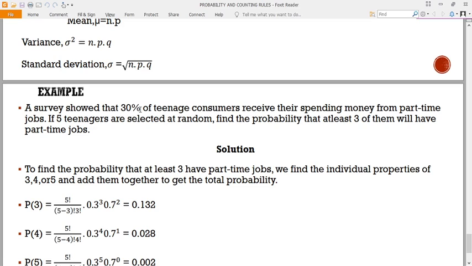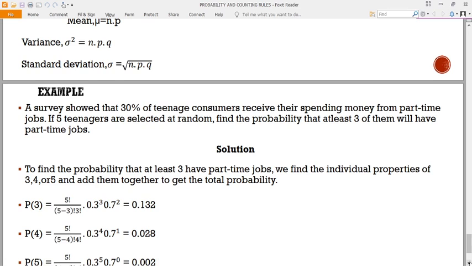So if the success is 30% or 0.3, the failure is going to be 0.7 or 70%. The complement, remember, the maximum probability is 1 or 100%. So if I have my success at 30, the balance to make 100 will be my failure. So 30, the balance to 100 is 70, or the balance to 1 is 0.7 as a decimal.